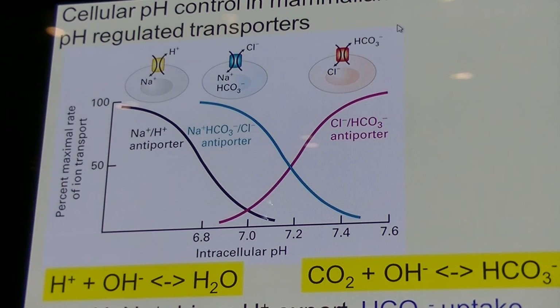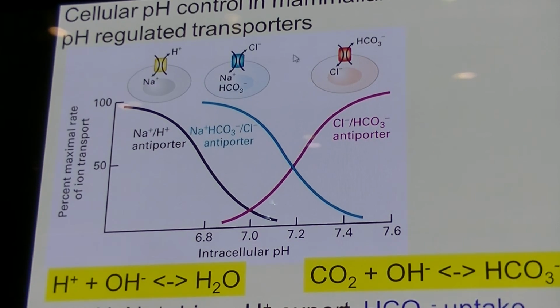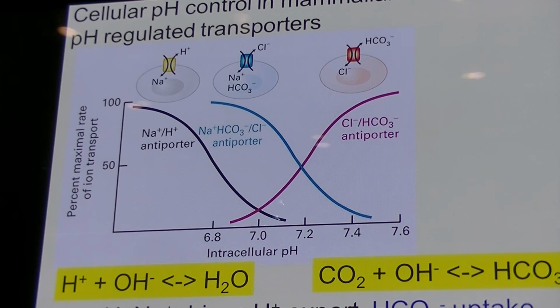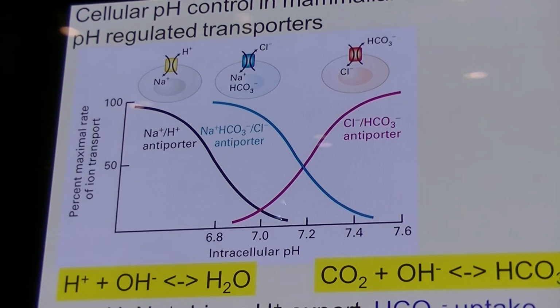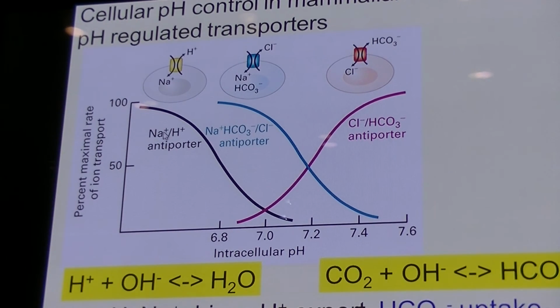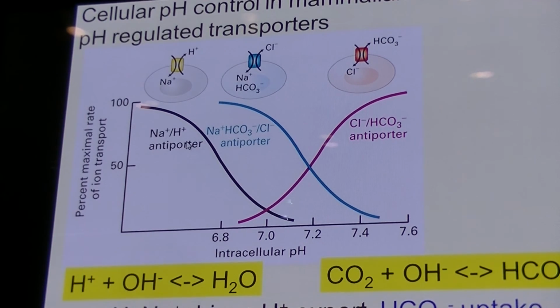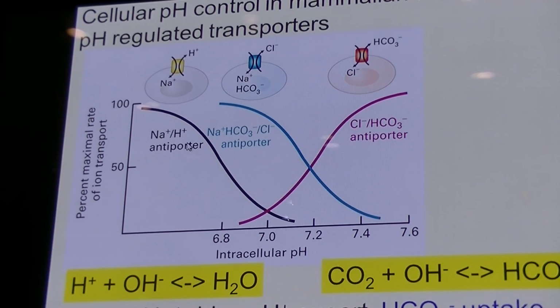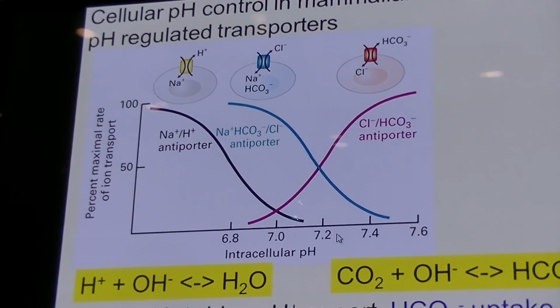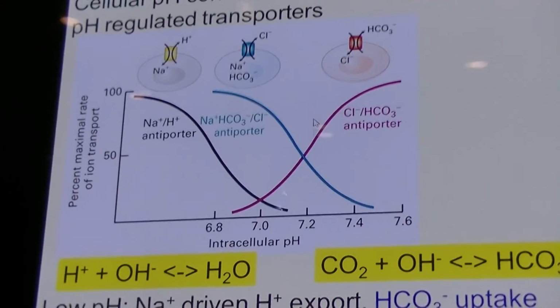Now it turns out that these three transport systems each have an optimal activity, so that we can consider them as enzymes, with a pH optimum. And the optimum pH that's in the cell for that transporter determines whether that transporter will do a lot, yes or no. So we want the pH in our cells to be around 7.2.